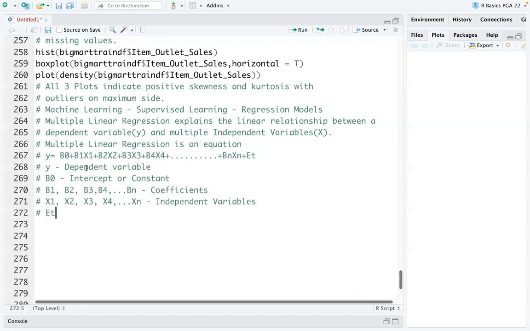And then epsilon is called error term or residual. What is the formula for residual? Actual value minus predicted value. Right?